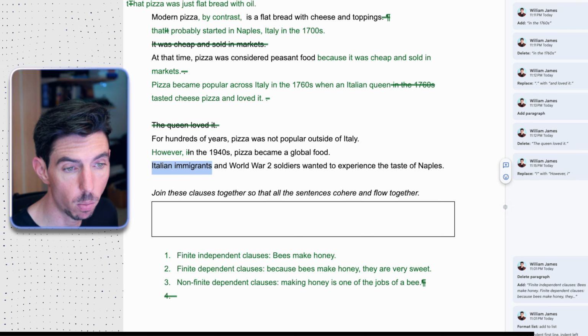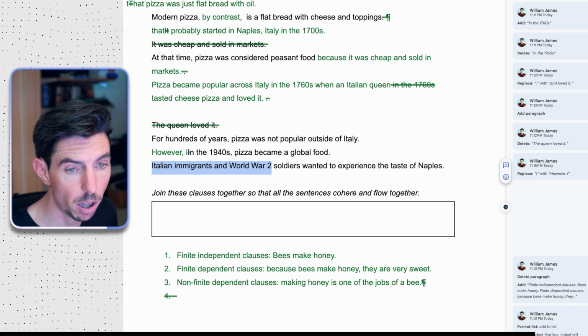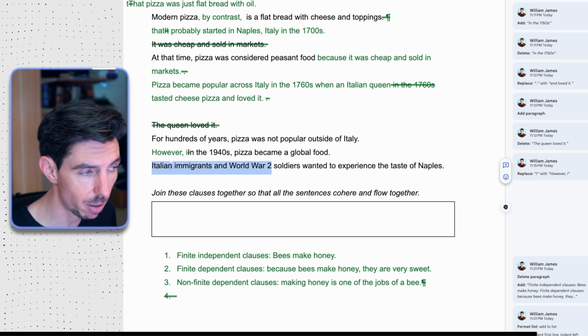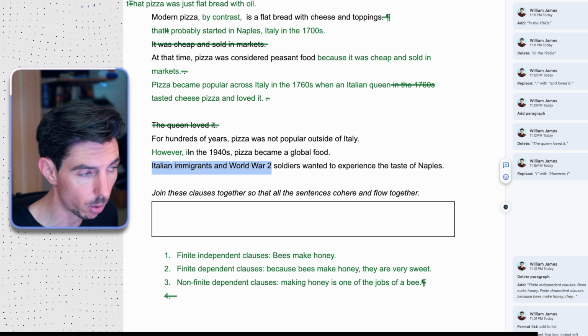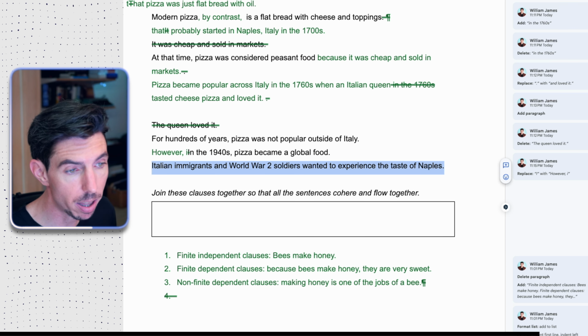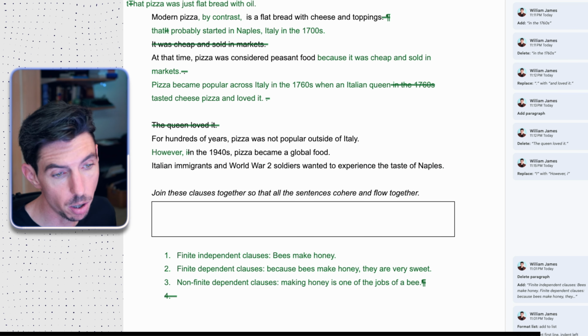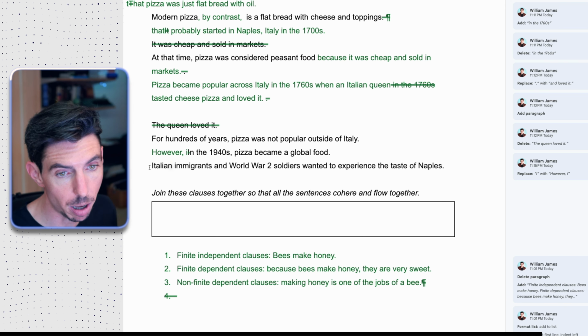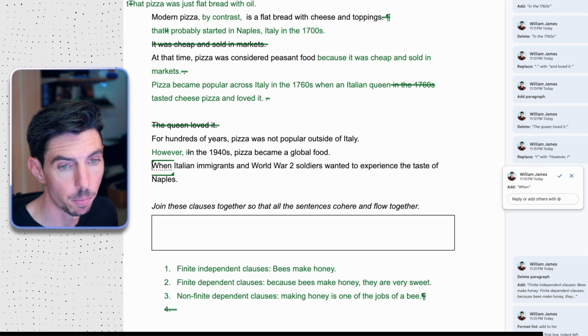Italian immigrants and World War II soldiers, I thought we were talking about pizza and history. So we do not want a sentence to have Italian immigrants and World War II soldiers in the topic position. So we're going to make this dependent, which we can do with a subordinating conjunction like when, right?